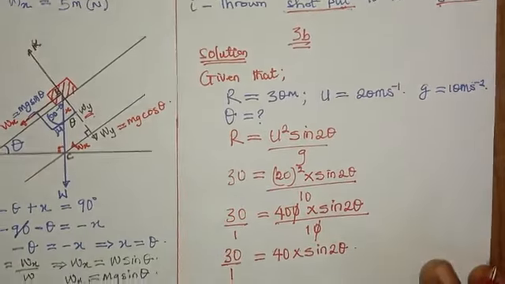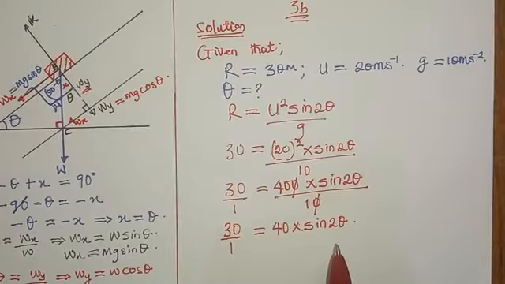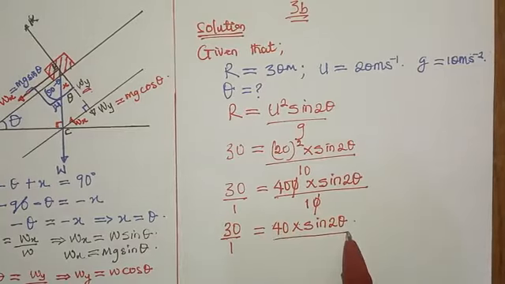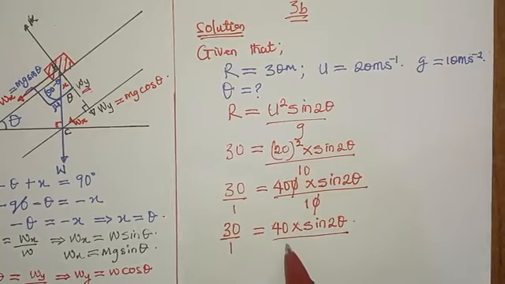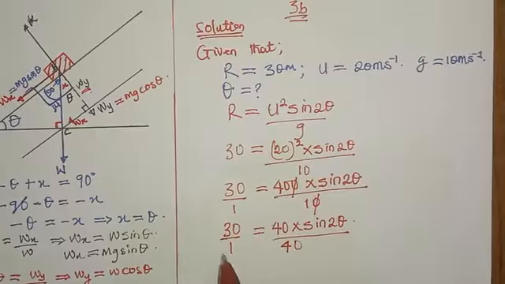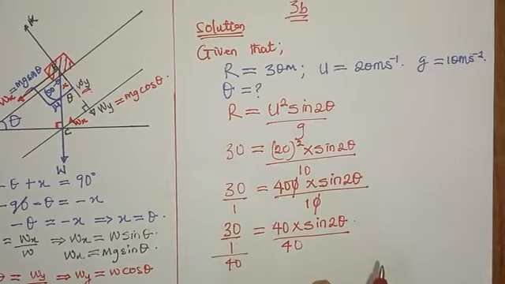Right? So the first thing you do to eliminate this number, you divide both sides by 40. Yes, by 40. There's no need, you might not even make it over 1. Anyone will do, it is still correct.